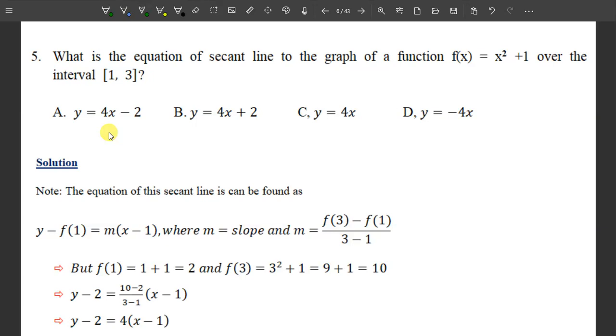There are 3 methods to find the equation of a straight line. One is the slope-intercept form of the equation of the line, which means given the y-intercept and the slope, we can find the equation of a line. The second one is the point-slope form of the equation of the line.